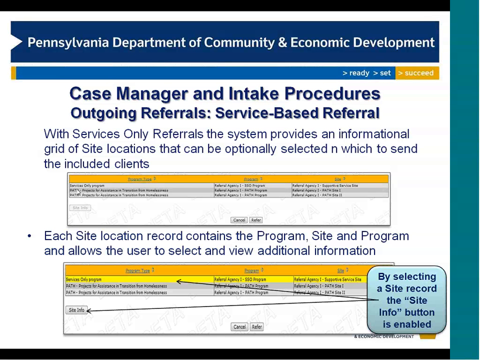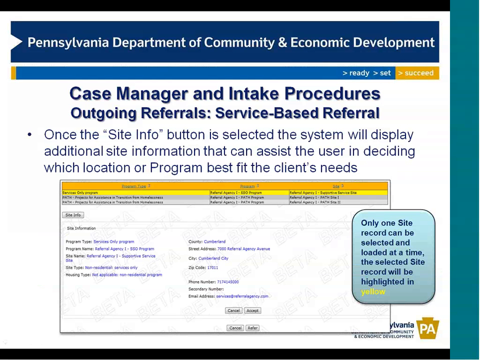The system will provide you a grid of all the program types, programs, and site locations that that specific agency provides. You can click on an individual record, and you can do them one at a time. It enables what we call a site info button.